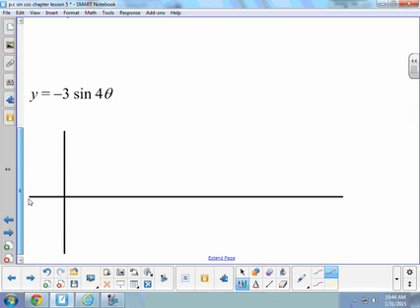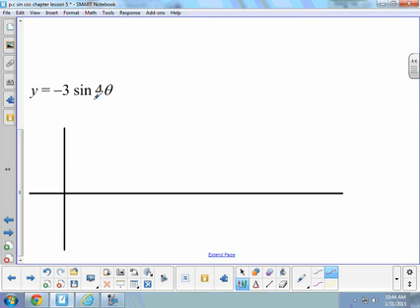Let's do another one. All right, this one, if you notice, it's got that negative sign. With that negative sign, you're going to go 0, but instead of going to a max, you're going to go to a minimum, back to your 0, then to the max, back down to 0. So our A is 3, because we're taking the absolute value.